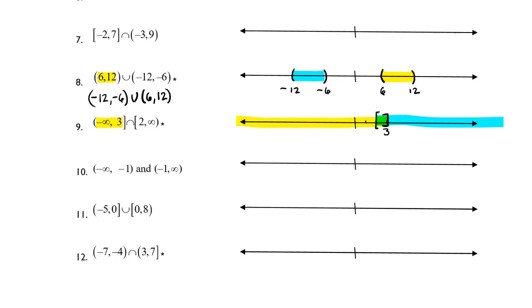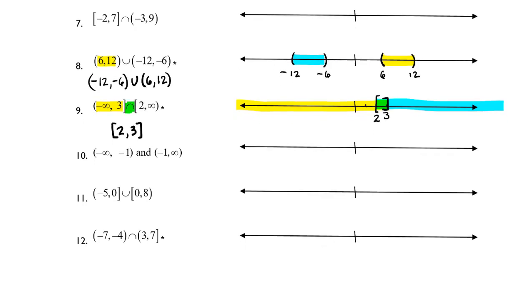This is an intersection. See, notice the upside down U. That's an intersection. So we can only take the little tiny piece that is green where the two intervals overlap, which would be from open bracket 2 to 3 close bracket.